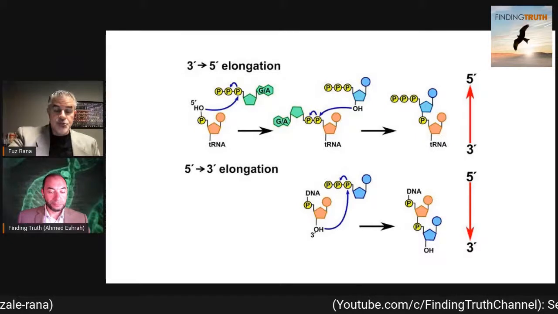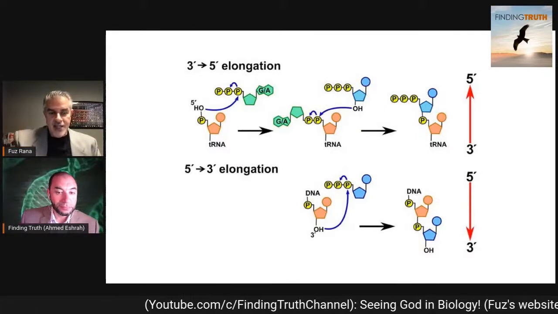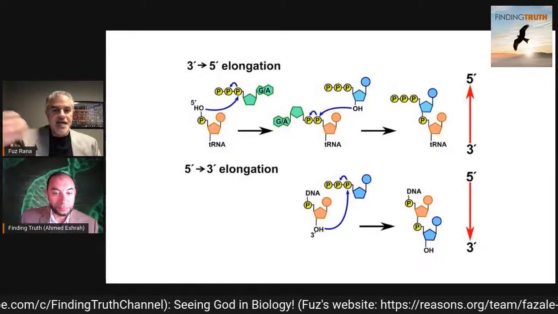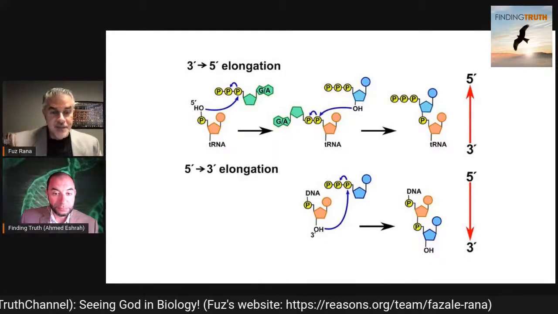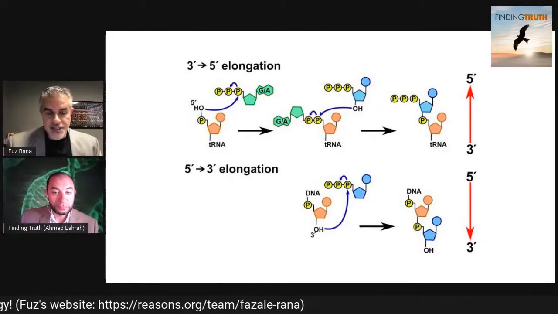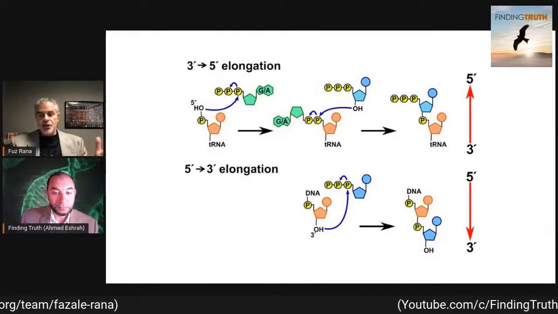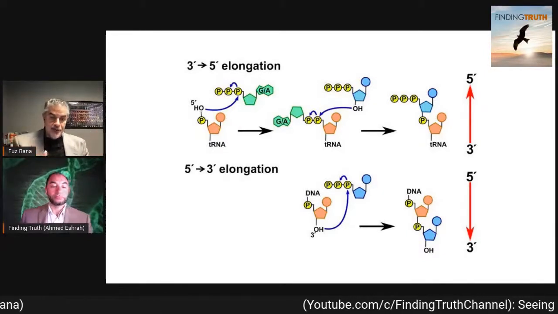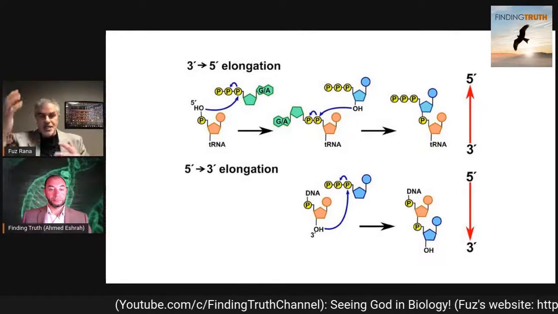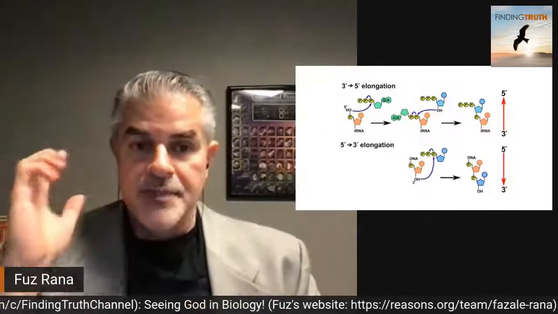Just the top is what it takes to do a 3' to 5' elongation versus a 5' to 3'. And you can see 5' to 3' is a simple single reaction step that is chemically far less complex. So if you had replication going in the 3' to 5' direction, or you had both possibilities, you would wind up with, again, a very cumbersome system.